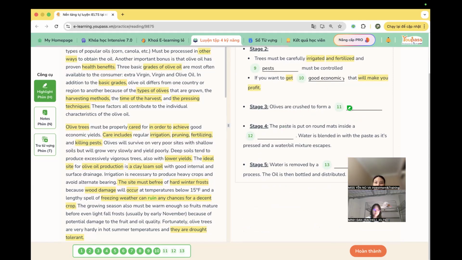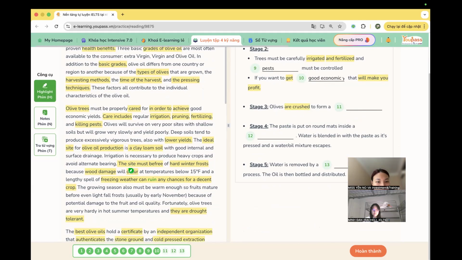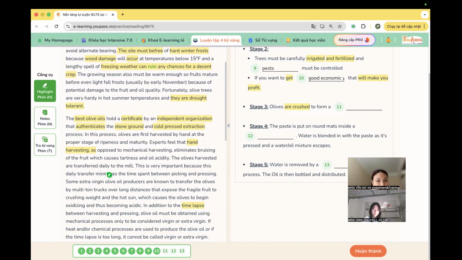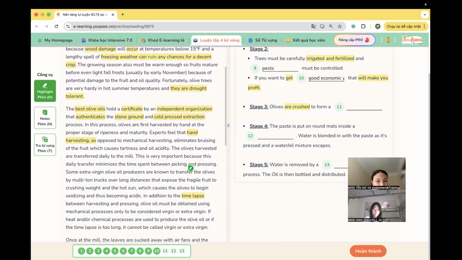Olives crushed to form a... There's no crush in this paragraph, so we can move on to this one.